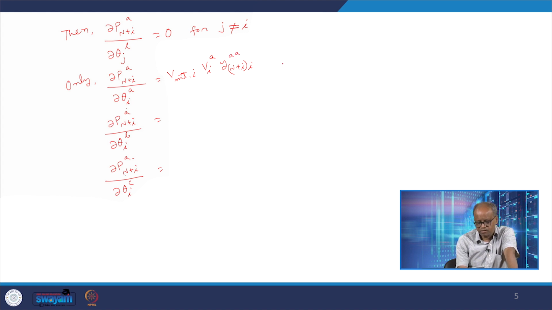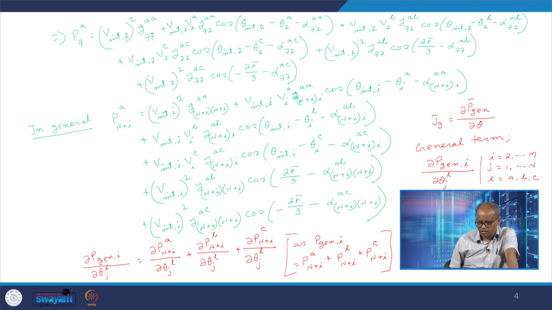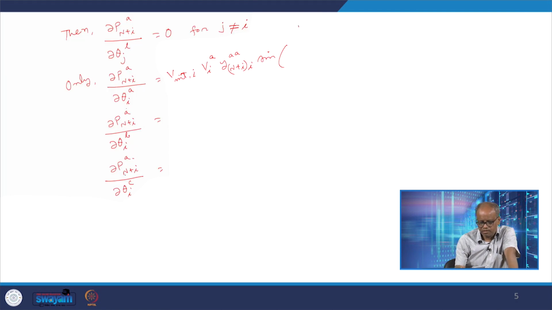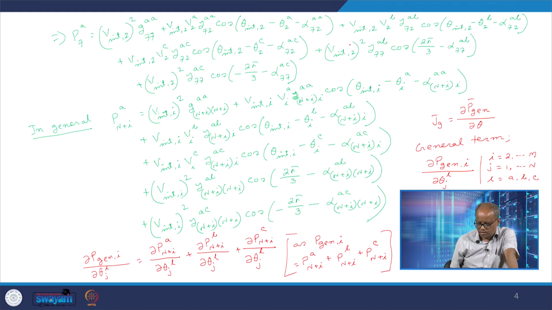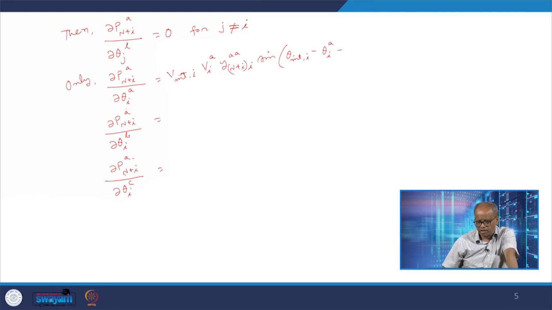Cosine is minus sine, so it is sine, then it would be theta internal i minus theta i a minus alpha n plus i a a, right? They do exist.